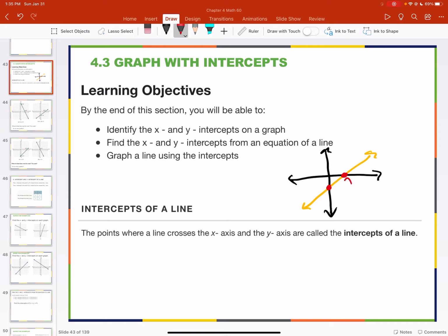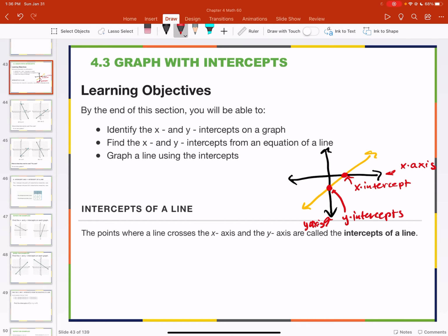This one right here is the x-intercept. Why would you think that is? Because it crosses the x-axis, yeah? This one's called the y-intercept because it crosses, you guessed it, the y-axis. Okay, so that's what the intercepts are.